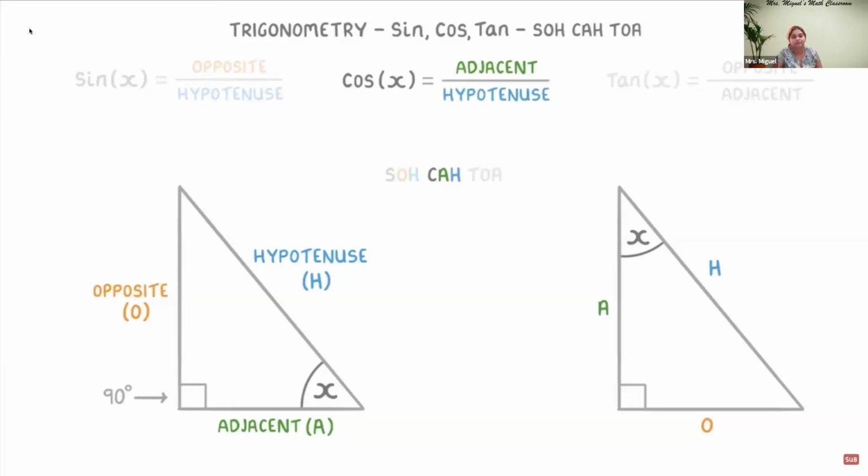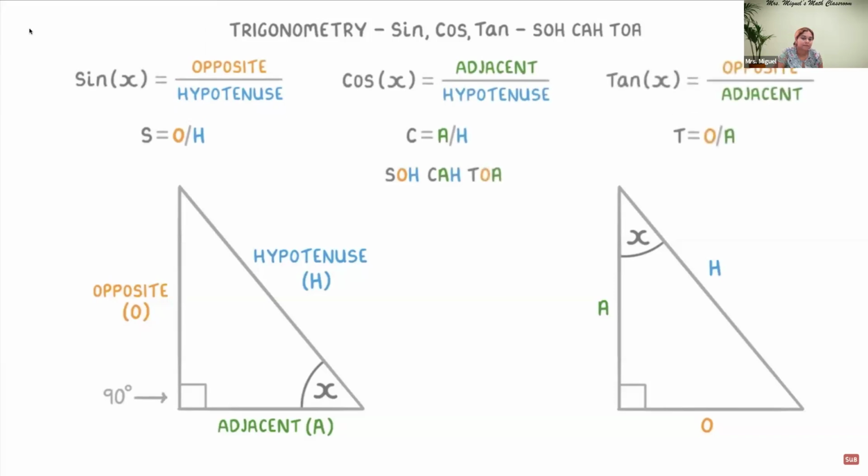And the same rules apply to TOA. T for tan, O for opposite, and A for adjacent. If it helps, you can write SOHCAHTOA as S equals O over H, C equals A over H, and T equals O over A, which makes it a bit easier to spot the equations.